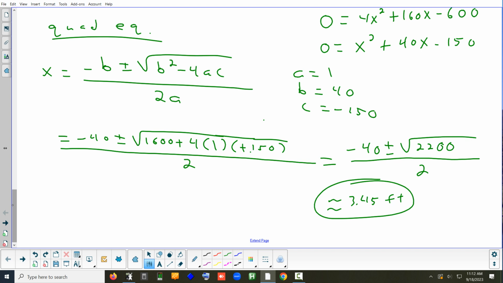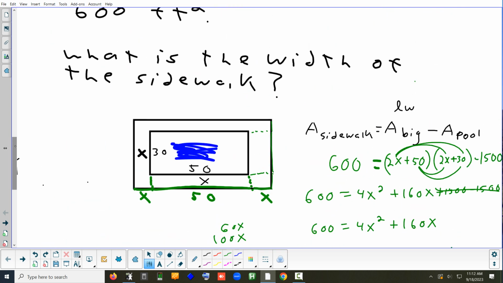Any questions on that? Yeah. In the equation, you got 2x plus 50 in parentheses, and plus parentheses 2x plus 3. How did you get that part of the equation exactly? That was the length and the width of the big rectangle.